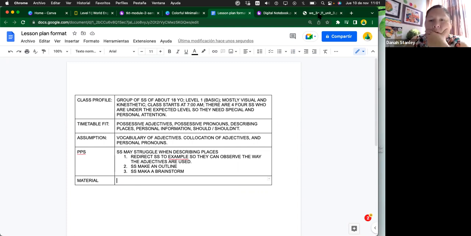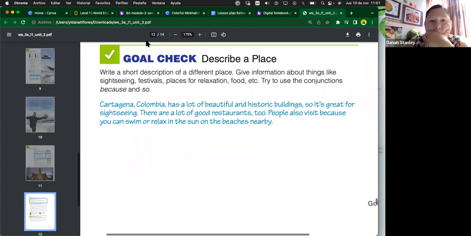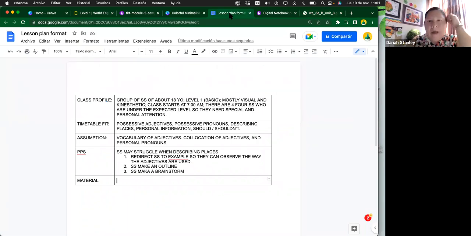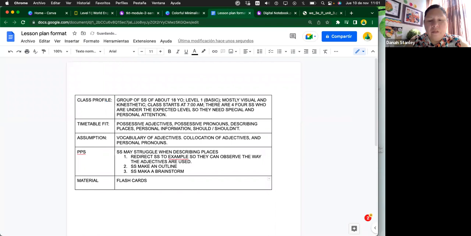A ver, vamos a ver. Okay, if you are going to guide them, flashcards. The student's book, notebook, or yes, notebook.